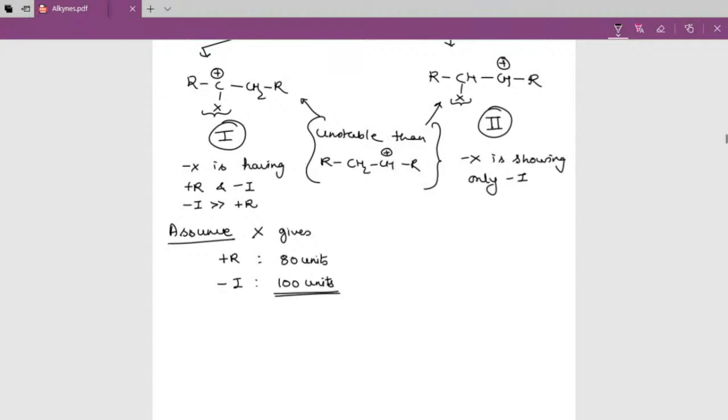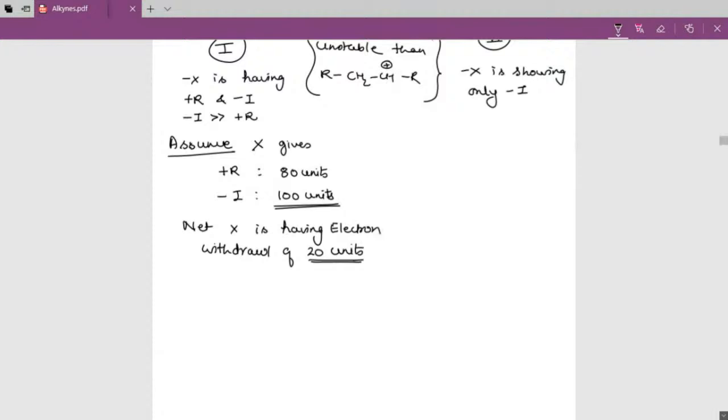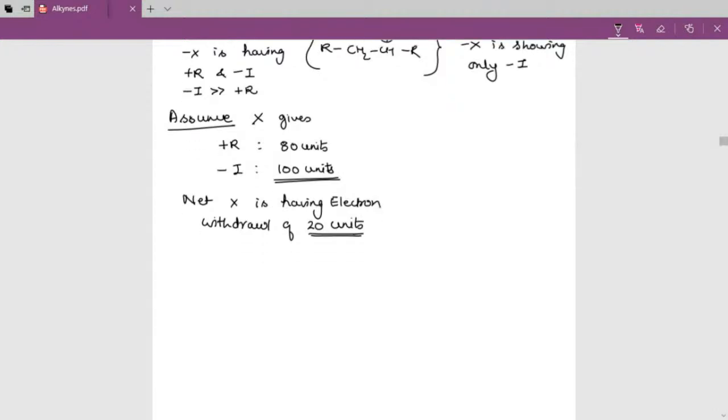It is pulling 100 units of electrons, while it is donating or reversing the electron flow towards the carbocation by plus R by 80 units. So net, halogen is having electron withdrawal of 20 units. So yes, overall it is destabilizing. It is having an electron withdrawal nature dominating, so it is destabilizing our carbocation.